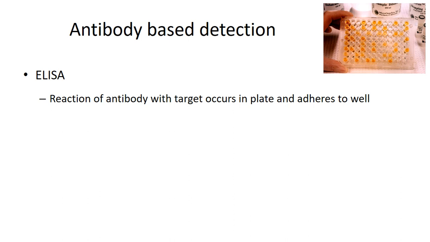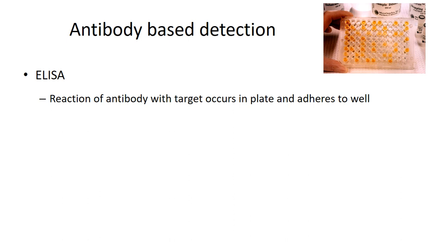The way we would do that with ELISA is we would isolate an antibody that can specifically bind to C-reactive protein. The whole concept of the ELISA is to try and isolate your target of interest from all the other molecules that are present in the blood sample.